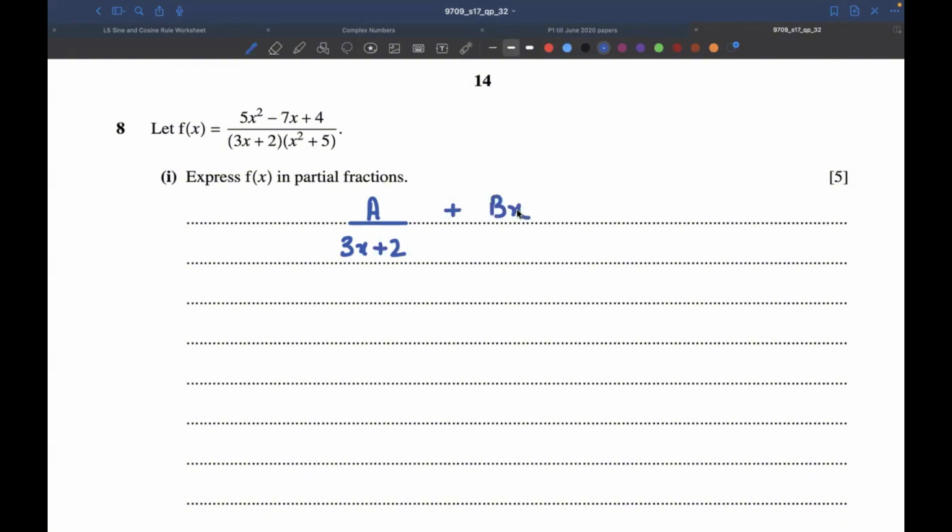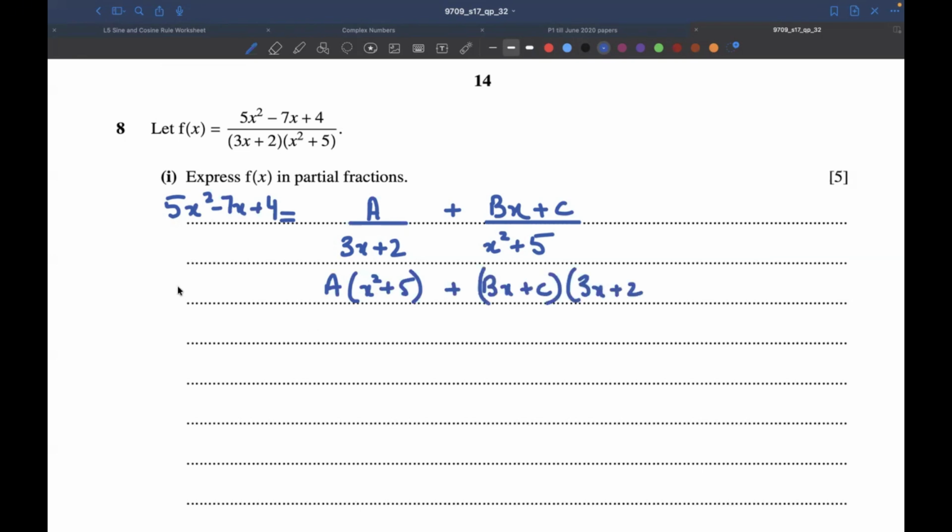So this will be written as a upon 3x plus 2 plus bx plus c upon x square plus 5. And on the left hand side, we'll have 5x square minus 7x plus 4. Now, when we take the LCM, a will multiply by x square plus 5, and bx plus c will multiply by 3x plus 2.